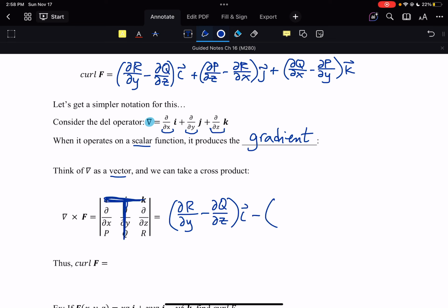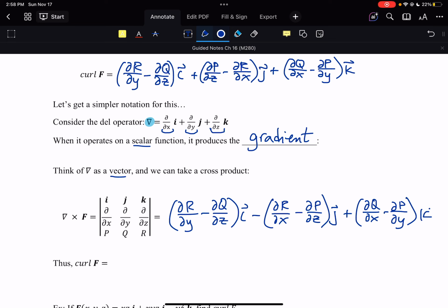Minus, block off the j row and column, partial R with respect to x minus partial P with respect to z, and that's the j. Plus partial Q with respect to x minus partial P with respect to y, and that's the k.